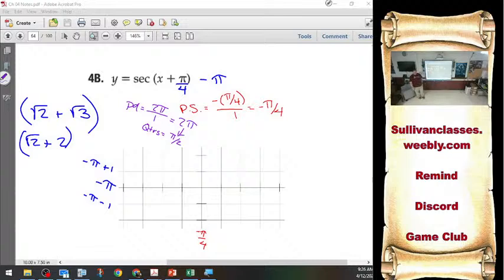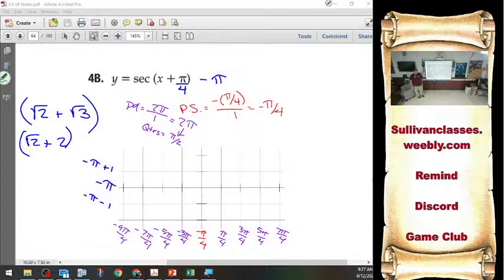If I owe you a quarter and I give you 50 cents, you are up 1 quarter. Pi over 4, 3 pi over 4, 5 pi over 4, 7 pi over 4, negative 3 pi over 4, negative 5 pi over 4, negative 7, and negative 9 pi over 4.